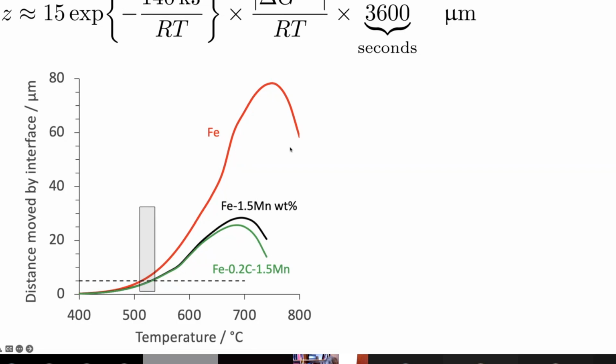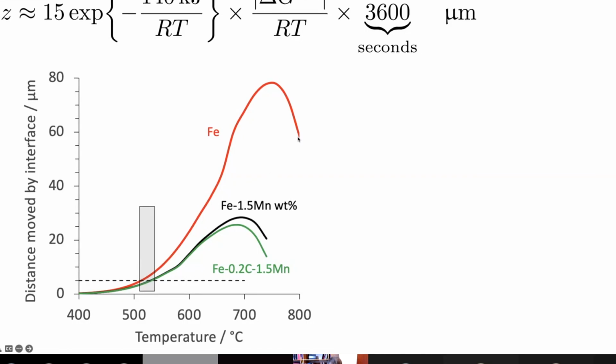And the peak is because here the driving force is small, whereas here the effective diffusion coefficient, it's not a diffusion coefficient, it's an interface mobility, becomes small. Okay, so this term decreases exponentially with decreasing temperature, and this term decreases as you go towards the equilibrium temperature.